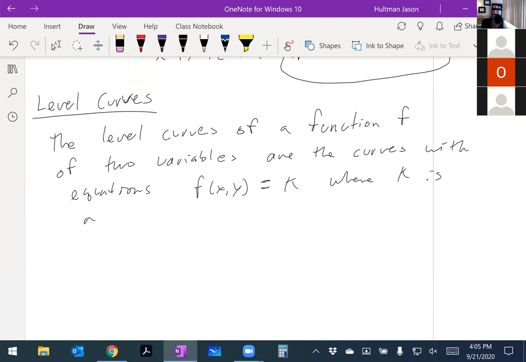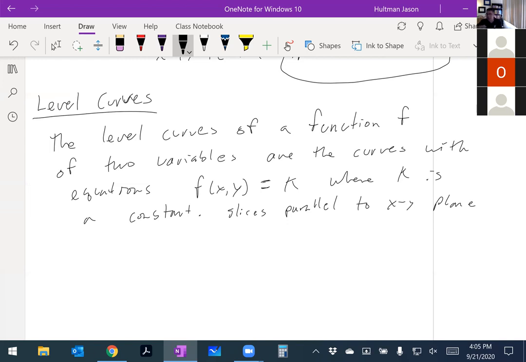Think of these as slices parallel to the xy plane.